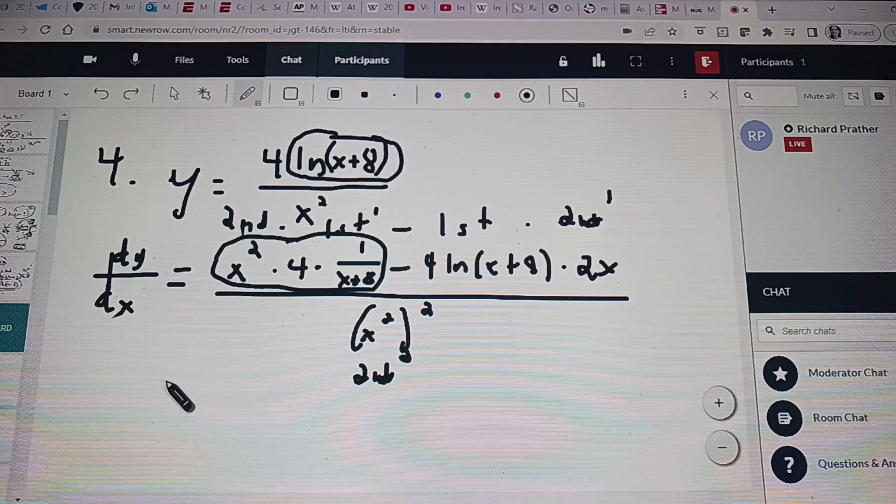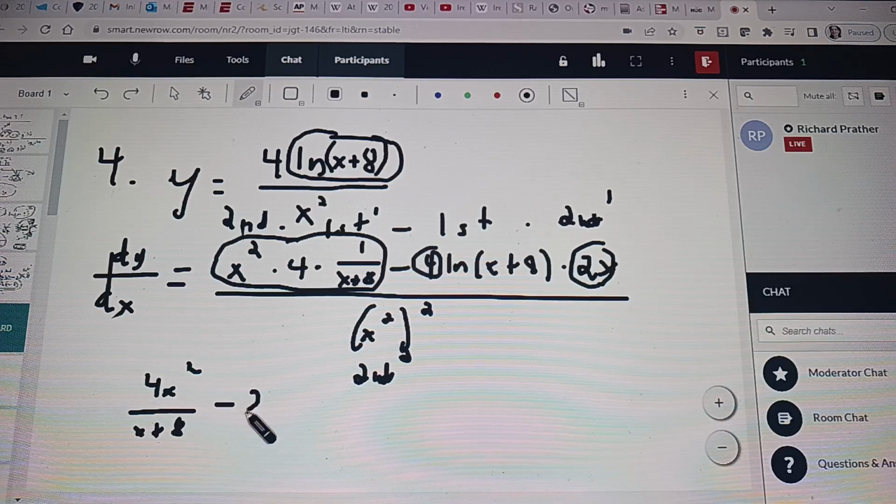Okay, so for this part right here, 4x squared times 1 is 4x squared over x plus 8. And then here I could combine the 2x with the 4 and get minus 8x. The ln part, you can't do anything with that, so you just put that in the back.